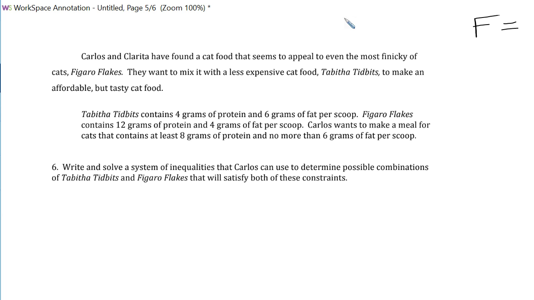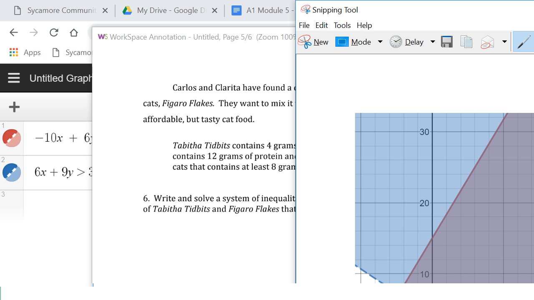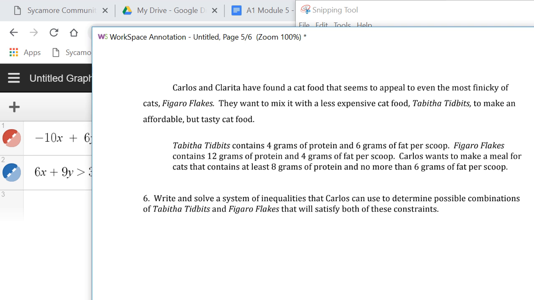I know that Figaro Flakes has 12 grams of protein per scoop and 4 grams of fat per scoop.